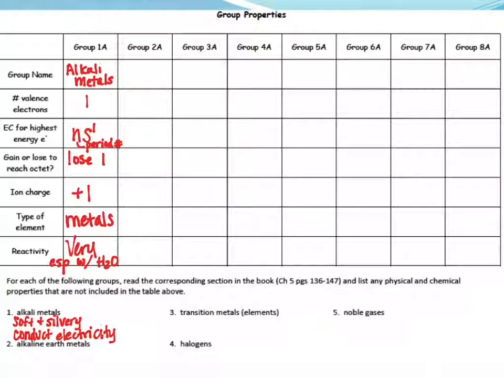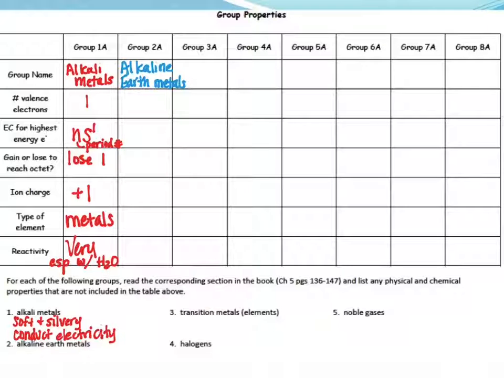All right, group 2. What's the next column on the periodic table? What's the name of it? Alkaline earth metals. What's the difference between alkali and alkaline? An n and an e.